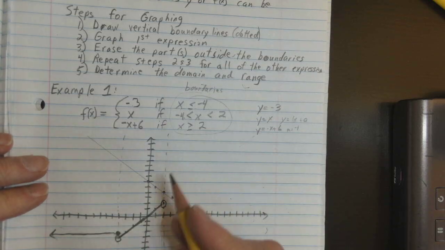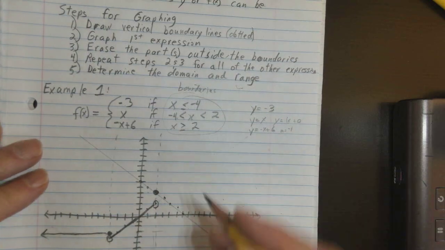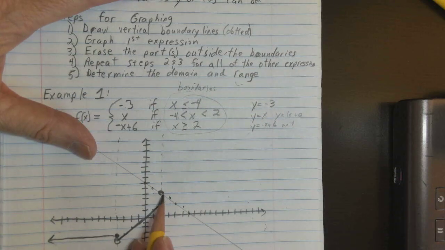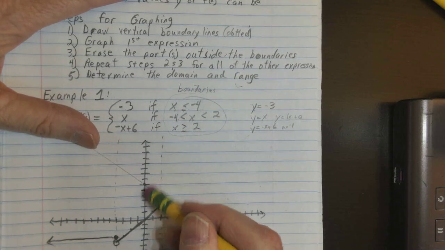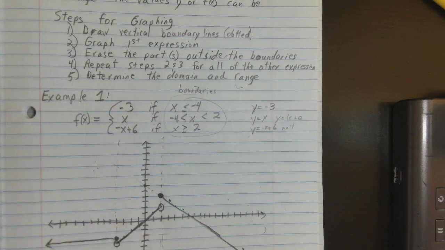Well, here's 2, so we're only using it over here. Greater than or equal to, I'm going to put a solid dot here, and then just follow this line like that, and erase this part. Let's erase the part that's outside of the boundary. And there is our graph for example 1.